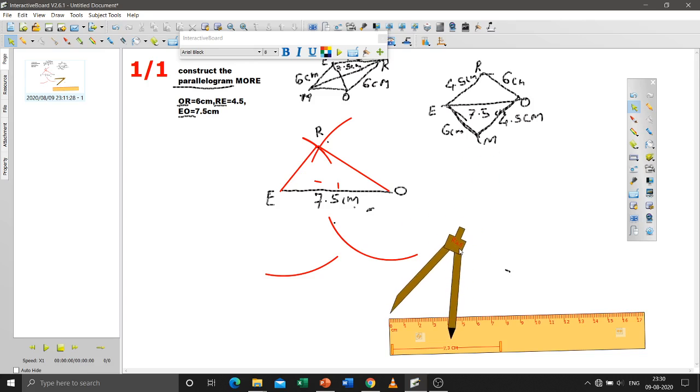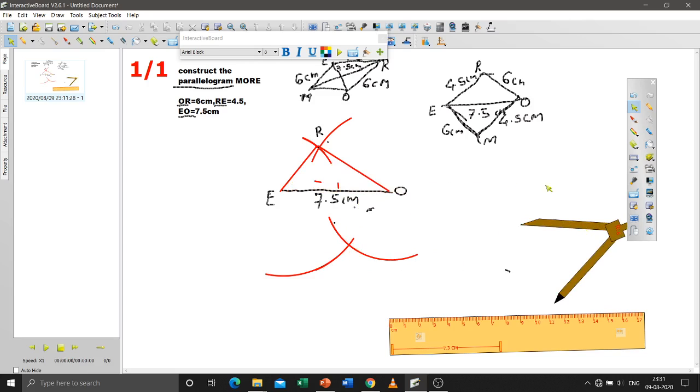Adjust the opening at 6 centimeter. By taking E as a center, draw the arc to get the intersecting point.